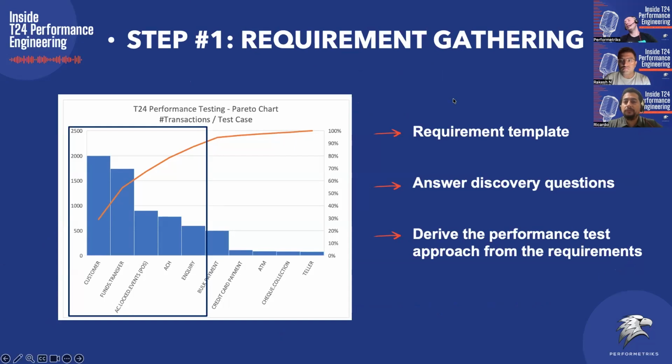We have our templates, because we need to estimate which transactions are the most important for customers. We know from experience that probably 95% of the load will include the 5 most important transactions from the client. The client very often has multiple transactions and test cases he would like to test, but we want to focus on the most important ones.